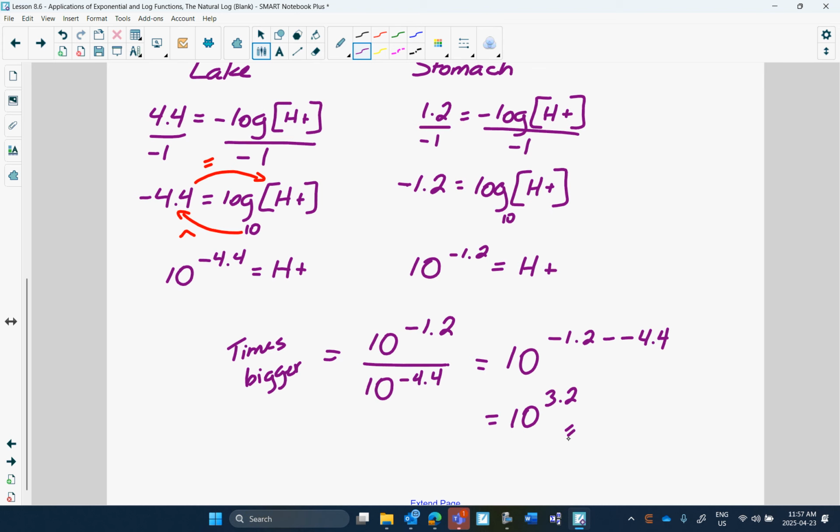Okay? If you want to, it works out to about 1,585 times greater. So this is not what you did. No? Is that what you did in chemistry? You've never done, no one has ever done this in chemistry?